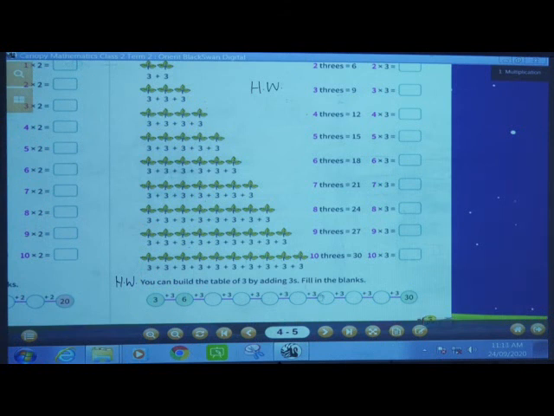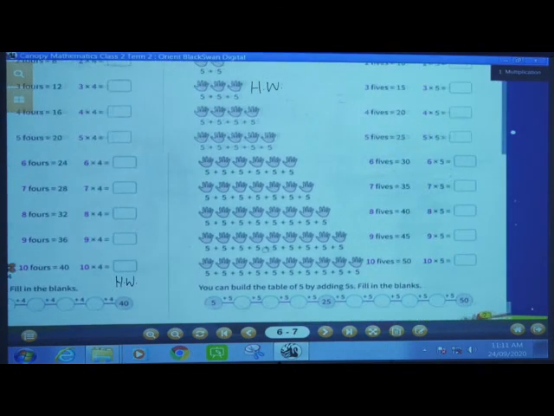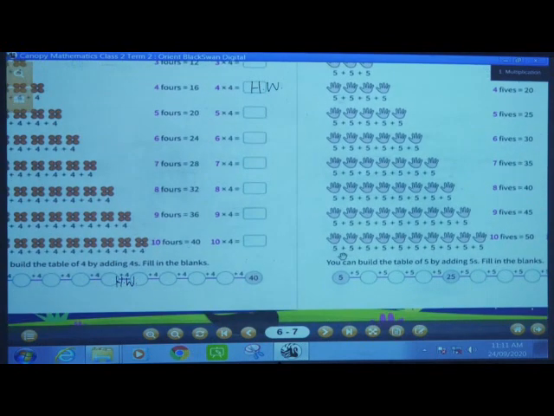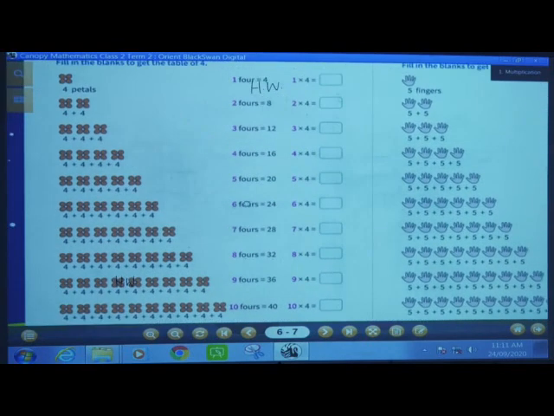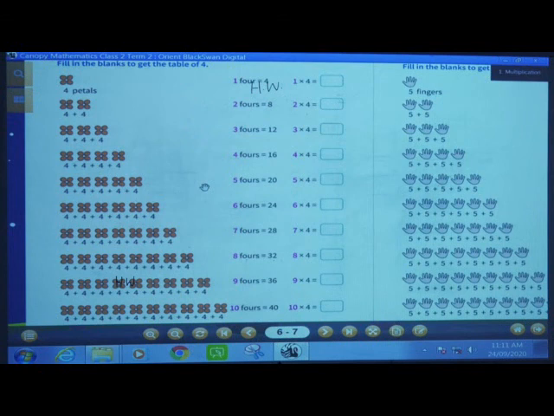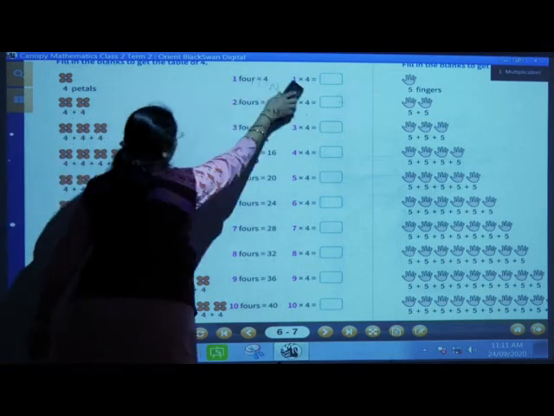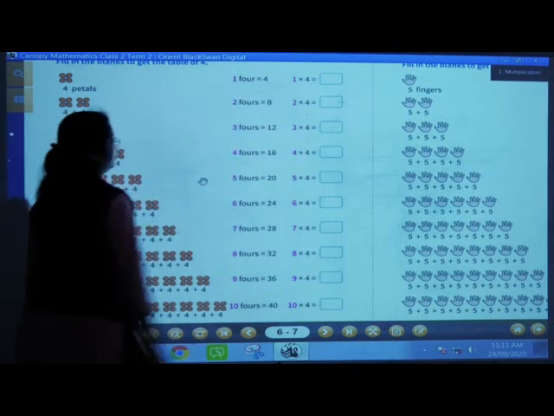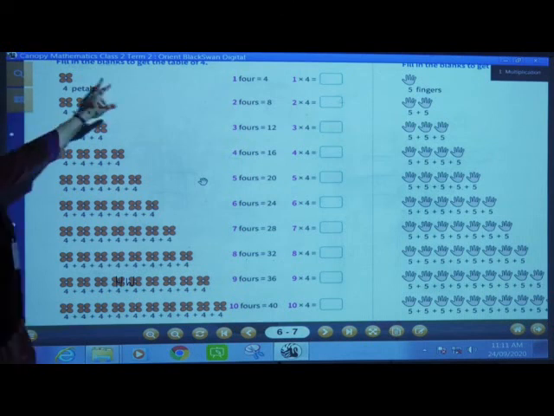Now turn the page. Page number 6. Now fill in the blanks to get the table of 4.